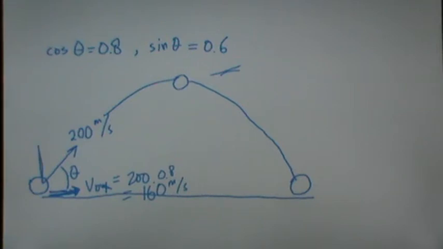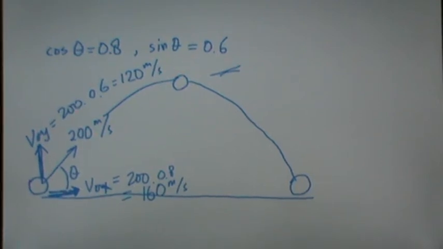Secondly, we need to find the initial velocity in the y direction, and that's 200 times sine theta, it's 0.6. You get 120 meter per second.